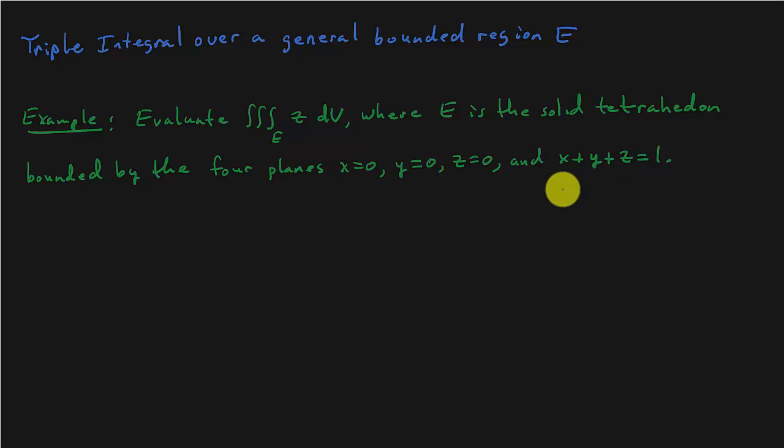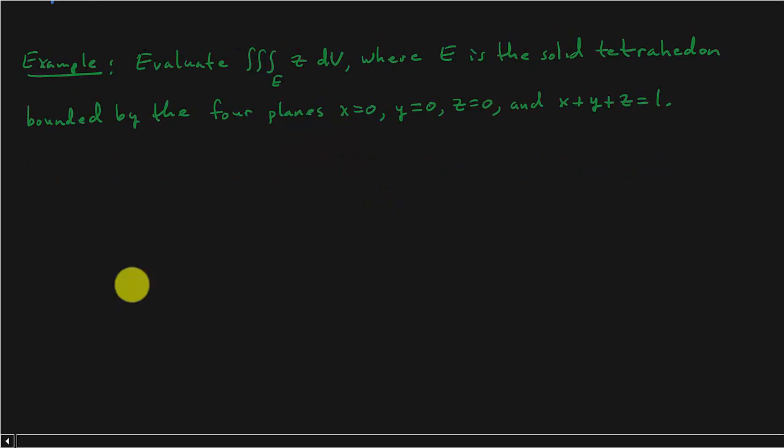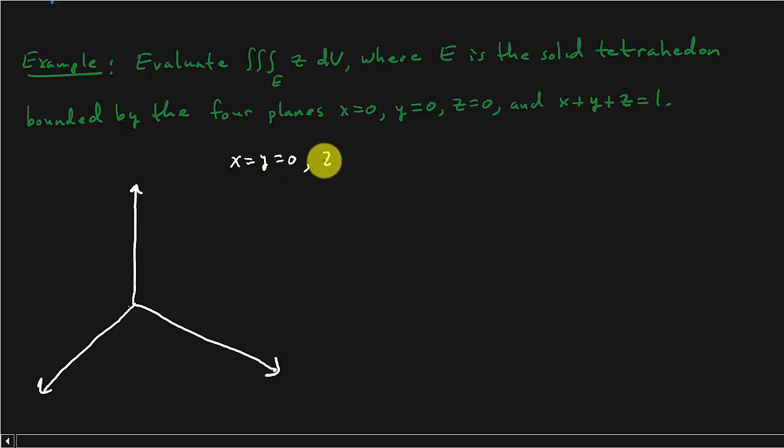Okay, so let's sketch this out. So I've got my x, my y, and my z. All right, now if x and y equal 0, then that means z is equal to 1. If I plug in the 0 for x, 0 for y, I get z is equal to 1. And then if the x and the z are 0, then that means y is equal to 1.